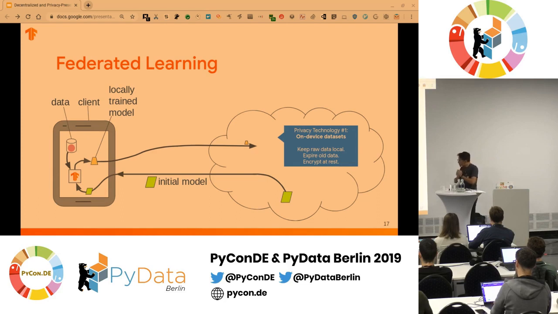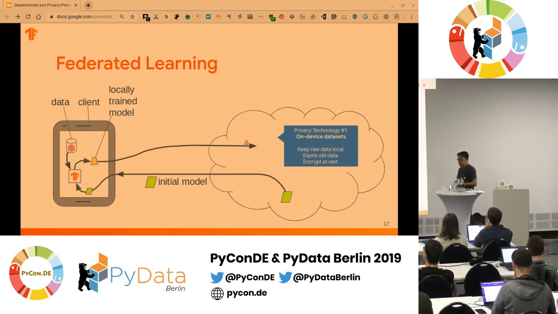makes it back to the server, right? And here is basically the thing that I've been alluding to all this while, which is to keep the raw data local. So the data never leaves the device, it stays on the device. The cloud learns nothing about the raw data itself. The onus of maintaining that data, or keeping the data secure, is definitely on the app itself, right?